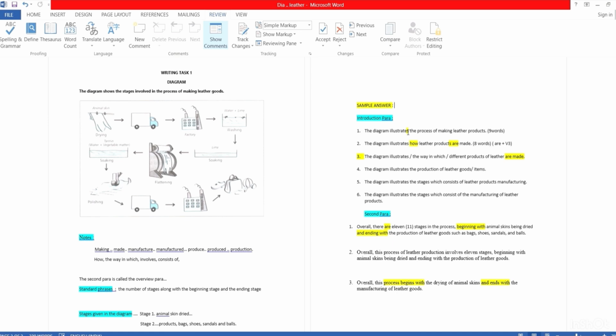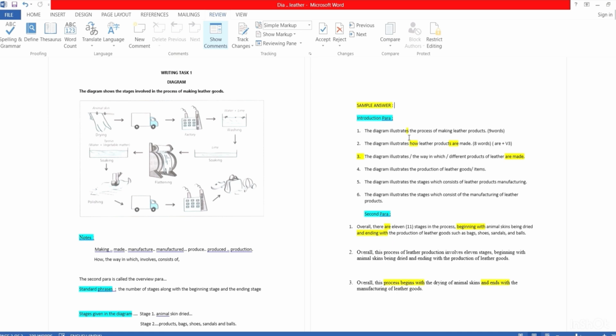This is the rule of subject and verb agreement, and that being the reason I have highlighted this also, so that it keeps pinging in your mind that you have to write the S there for sure. So let's revise. The diagram illustrates. Until here, the sentence is clear.